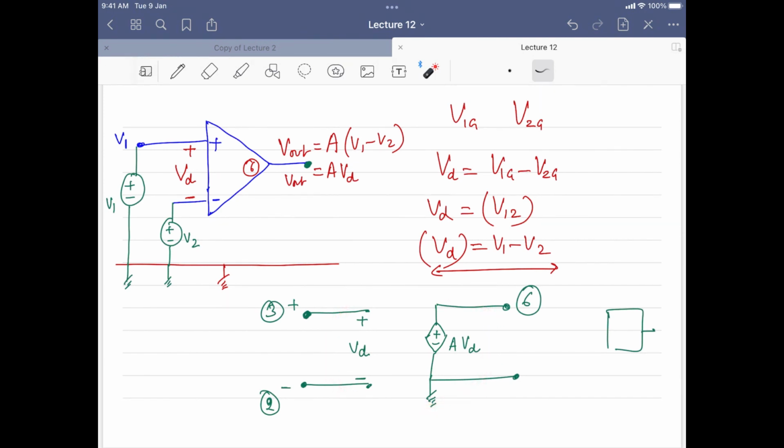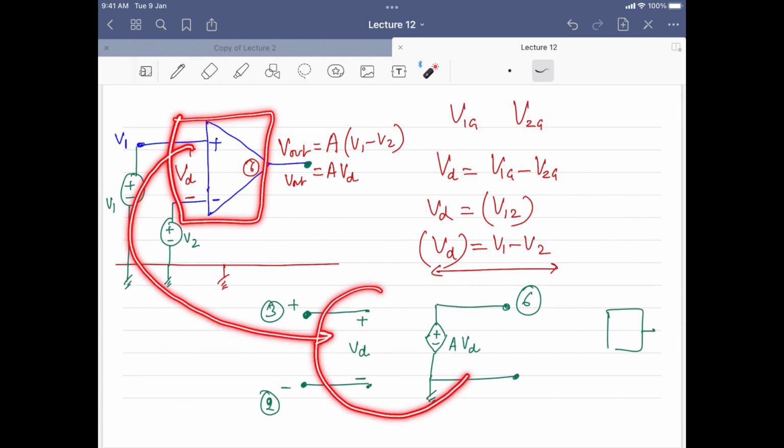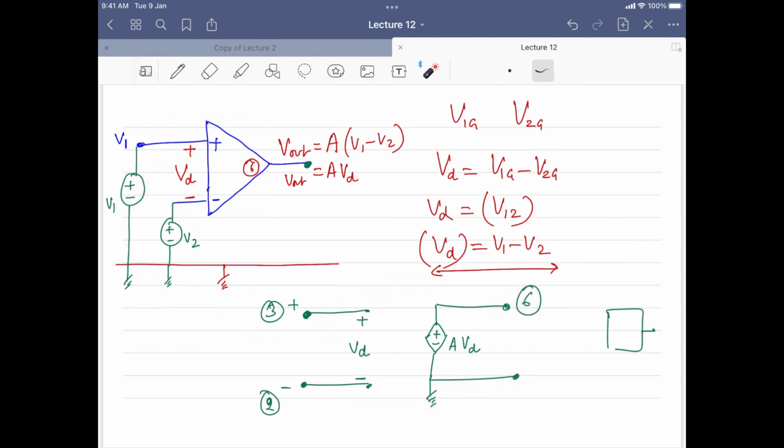So the important thing is how to make a practical circuit realizable in a very simplistic form, so that you can calculate yourself through hand calculation whether your answer is coming right or not. That is the main purpose of doing this, because you want to solve yourself also. You do not want only the simulator to solve for you and get the answer.